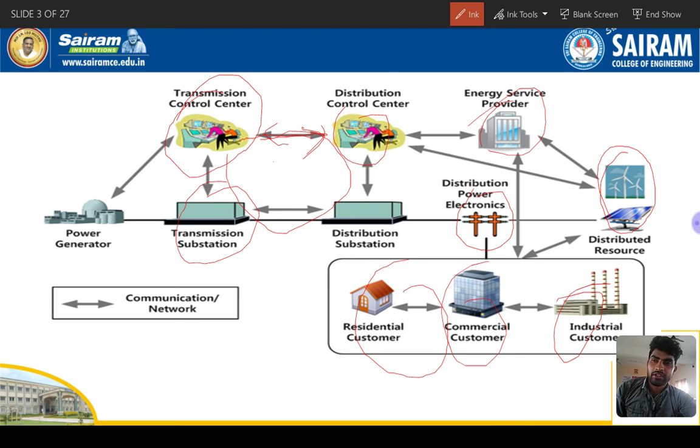But at present there is a smart grid and everything is smart. Whatever power people consume will not leak out. How much power we consume is read by the meter, and it goes to the distribution center: this much power we are utilizing in this particular home.